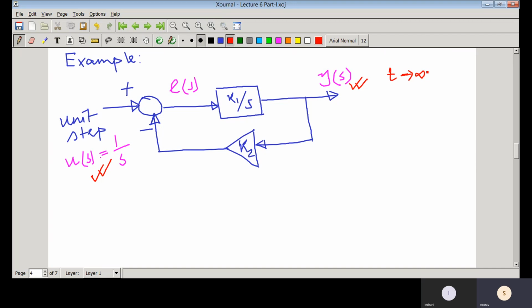So let us first simplify this closed loop feedback system.